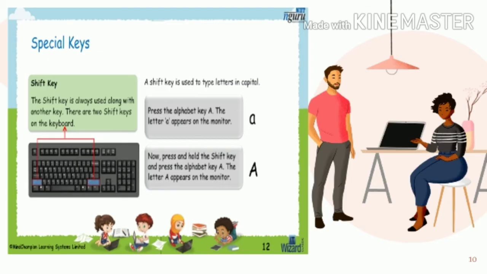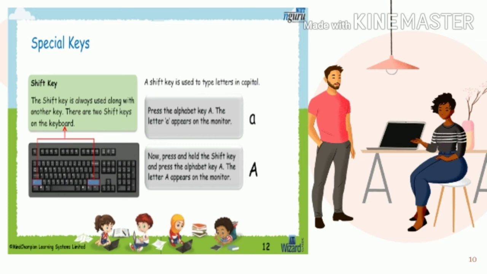Next is the shift key. The shift key is always used along with another key. There are two shift keys on a keyboard. A shift key is used to type letters in capital. Press the alphabet key A. The letter A, small a, appears on the monitor.